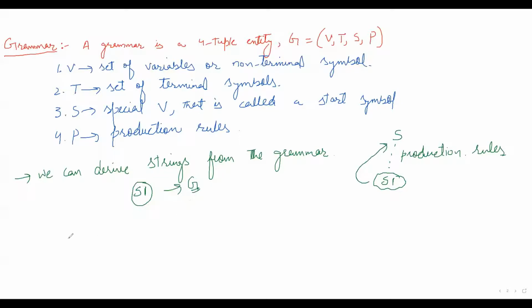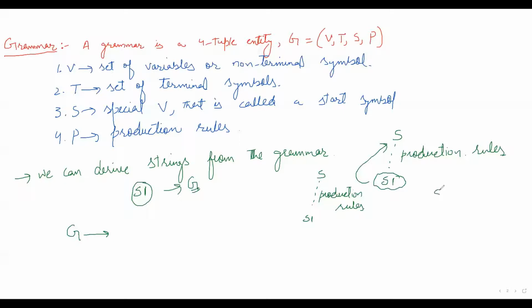Okay, so that means if I have a grammar, and I have to see what are the possible strings that are generated from this grammar, I have to always start from the start symbol, and then I can use production rules depending upon my choice in which manner I want to use them, and finally I will generate some string, let's suppose S1.